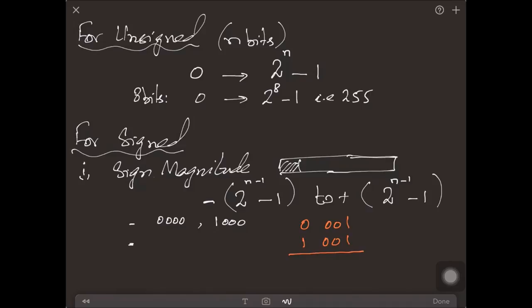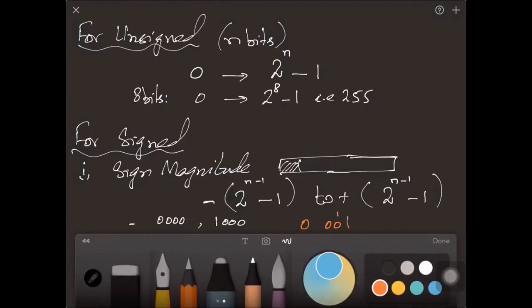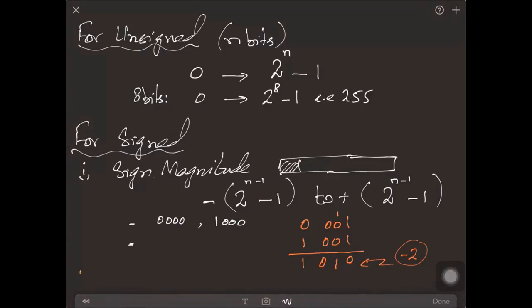We add 1 and 1, we get 0 carry 1, we get a 0 over here, we get a 1 over here, we get a 0 over here, and we get a 1 over here. So if we add +1 and -1, we must get 0, but the answer over here is -2, which is wrong. So instead of using sign magnitude, our system uses another technique, and that is known as 2's complement.